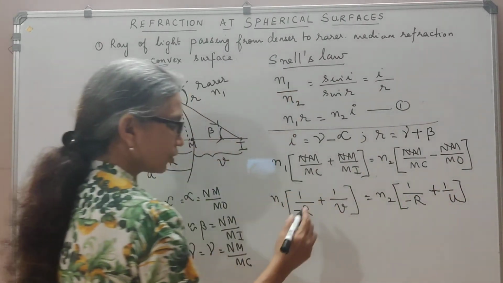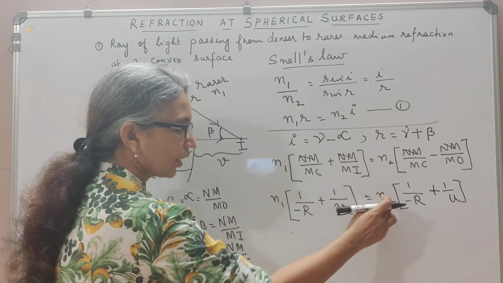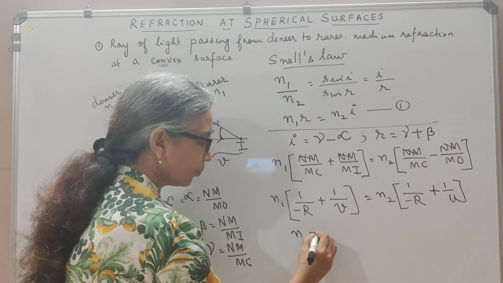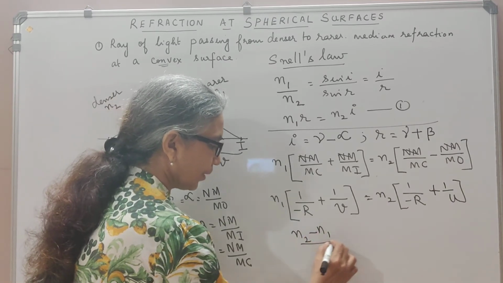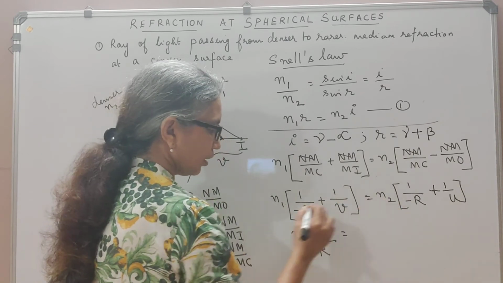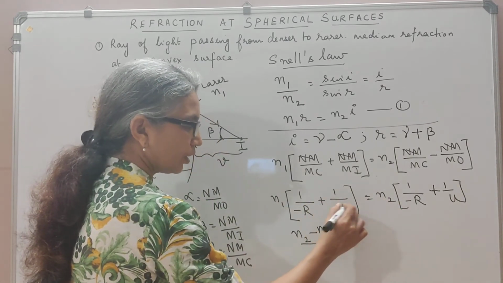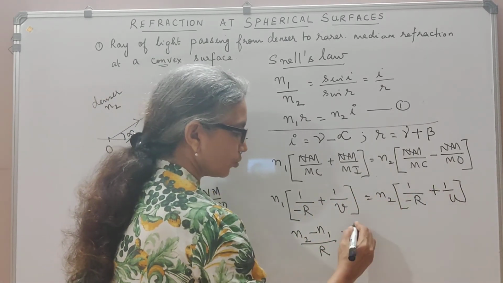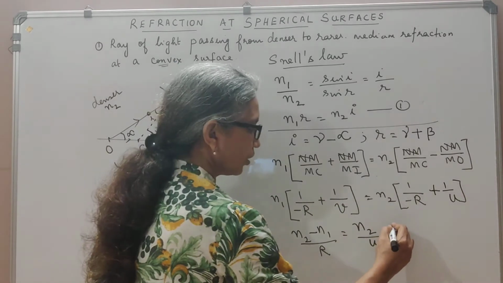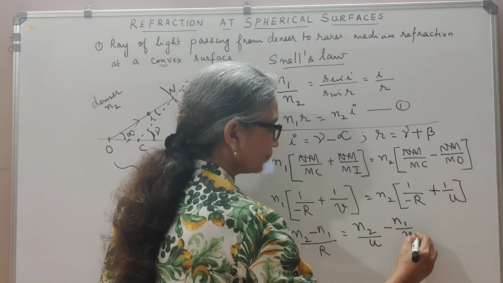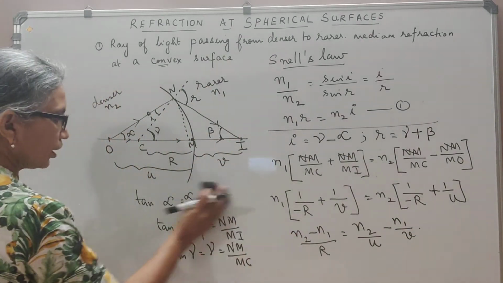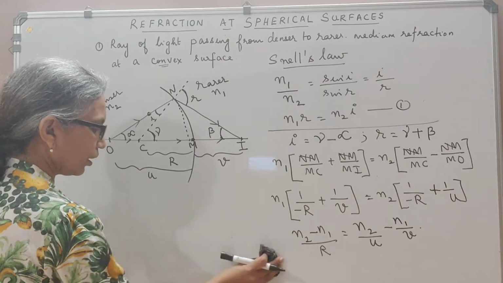I'm going to rearrange this. We have this N2 by R as negative, so it will come to the left as N2 here, and we have a minus N1 by R, equal to N1 by V, and here we have N2 by U. So I'll rewrite it as N2 by U, bring it to the right, we have N1 by V. Okay, so this is what we have now, but I would like you to rearrange this and learn it this way.